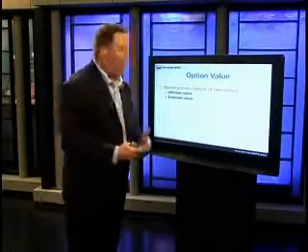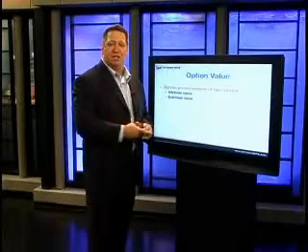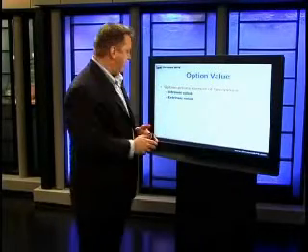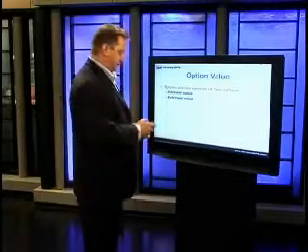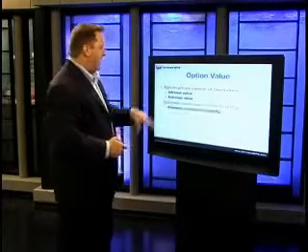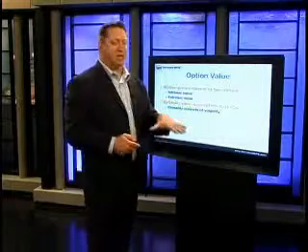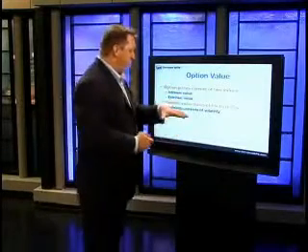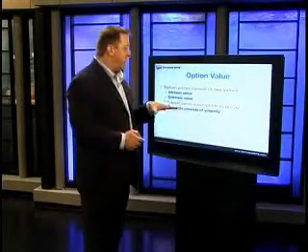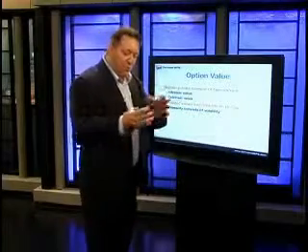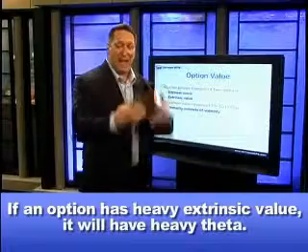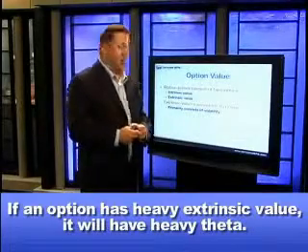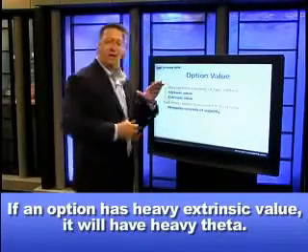As time goes by, that extrinsic value in the option decreases. It decreases in a nonlinear fashion. So it's only the extrinsic value that gets hit by theta. That means if we own an option that has heavy extrinsic value, it's going to have heavy theta.